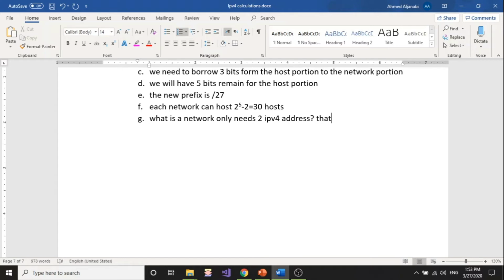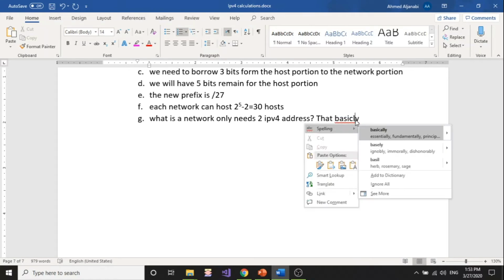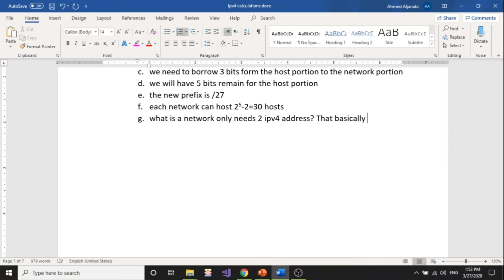That basically means 28 reserved IPv4 addresses will be wasted.